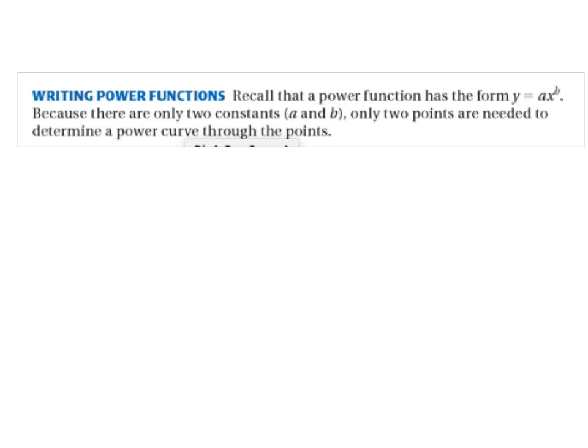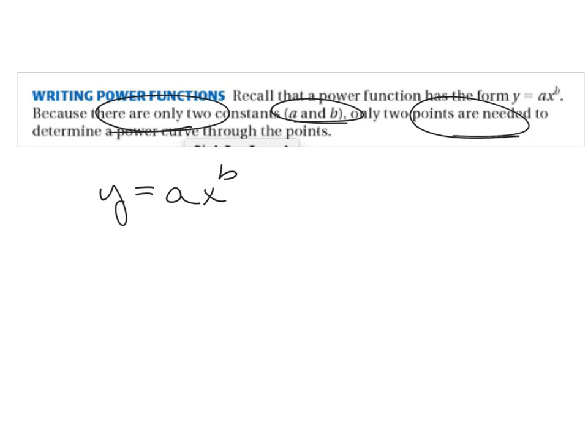Okay, writing power functions. Recall that a power function has the form y equals a x to the b. Because there are only two constants, a and b, only 2 points are needed to determine a power curve through the points. I only have 2 constants, therefore I need 2 points to figure it out, right?